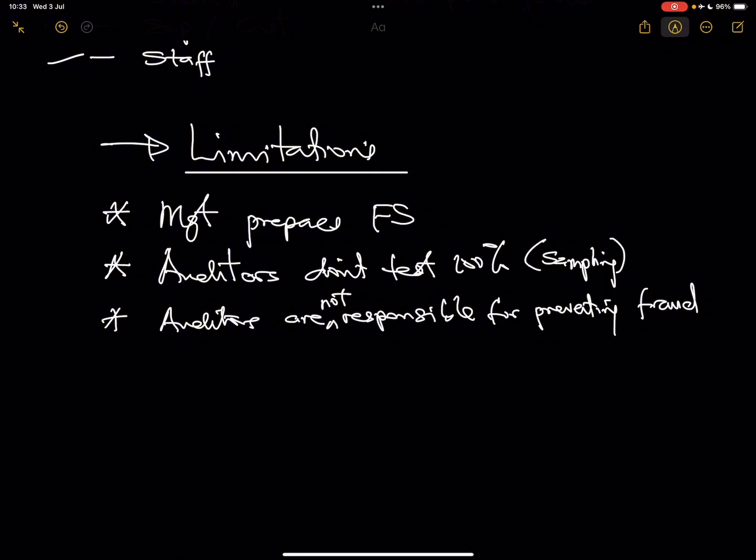Likewise, safeguarding asset is not auditor's responsibility. It's management responsibility. So management has a lot of responsibilities, and you cannot now put all the responsibility on the auditors and expect auditors to come and give an absolute assurance. So those are the limitations, and that is why we don't give absolute assurance. We can only give reasonable assurance.